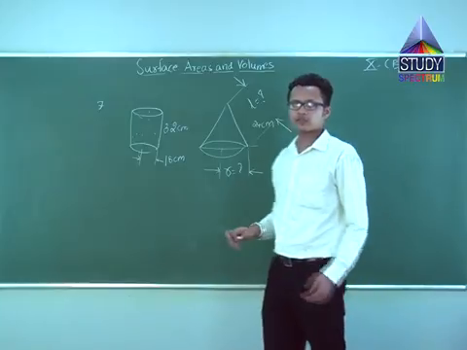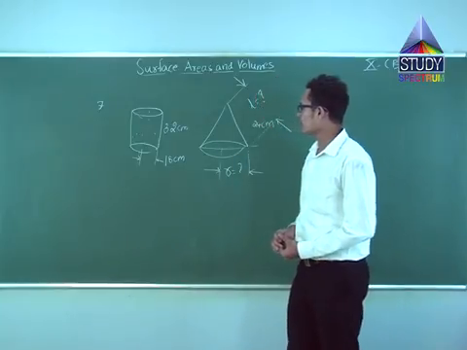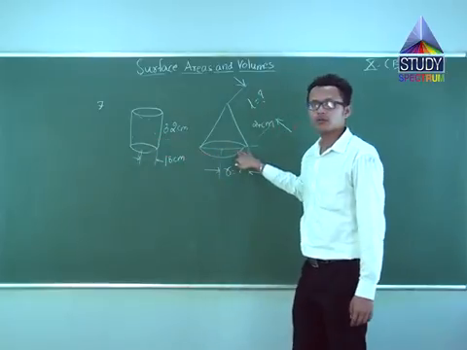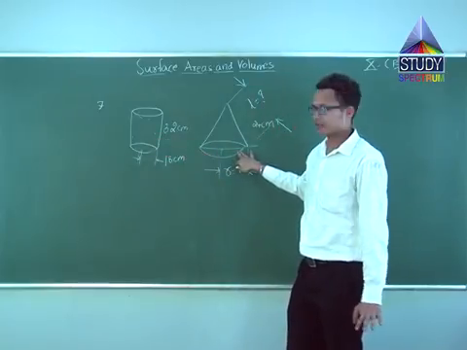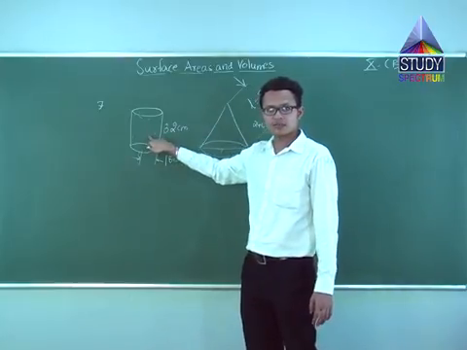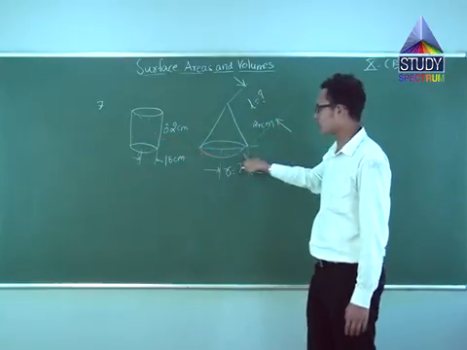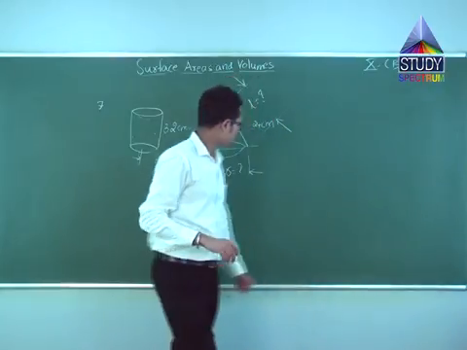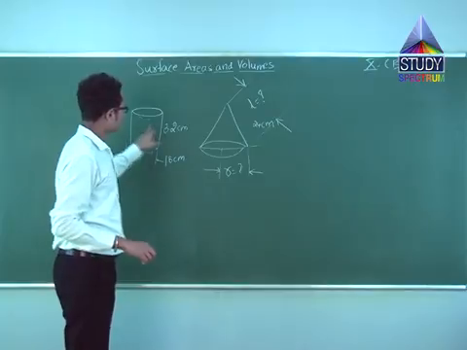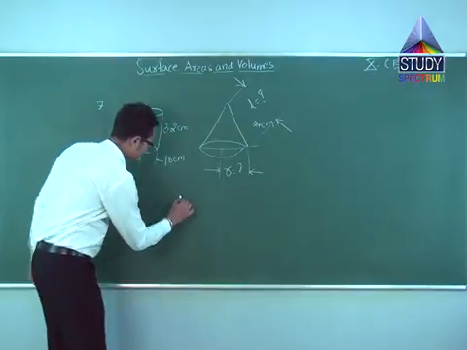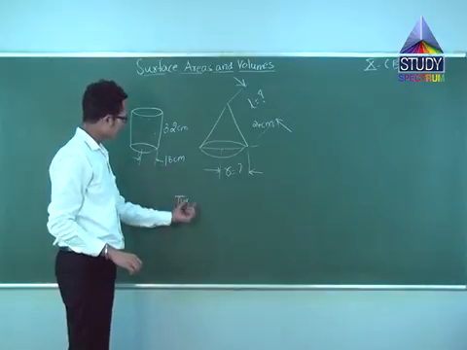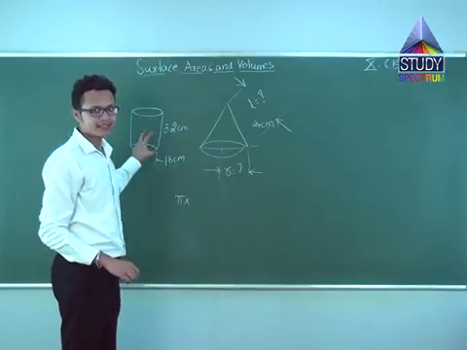From the law of conservation of volume, you know that the volume of the cylinder will be equal to the volume of the cone. Nothing is changed except the shapes. Sand had taken the shape of a cylinder before, now it has taken the shape of a cone. Let's write the formula for both volumes. Pi r square h gives the volume of the cylinder.